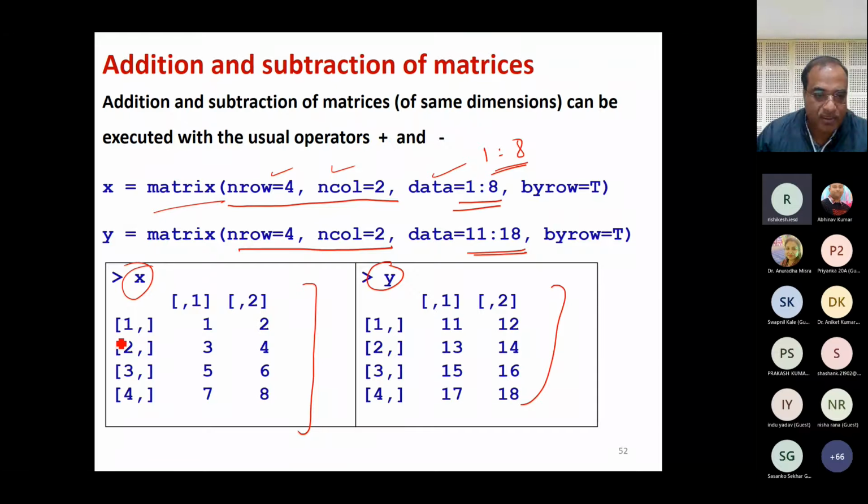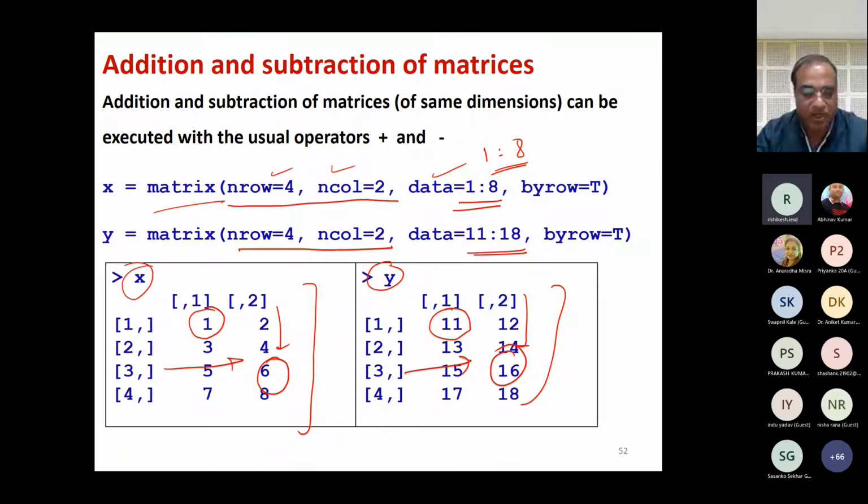That means whatever is the address of this number on the first row and first column, that is going to operate with the other matrix's number located at the same address, the first row and first column. Similarly, 6 is on the third row, second column. So whatever is the number in the third row and second column is going to be operated on in the addition and subtraction.